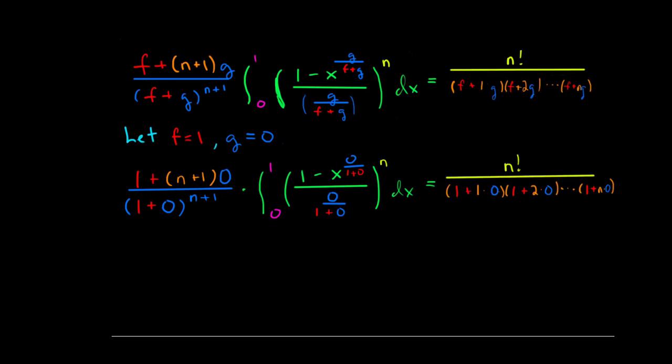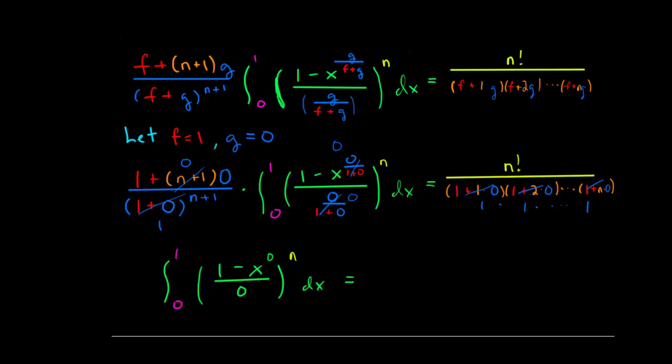So on the left-hand side of the equation, that leading term will just equal 1 when we do all the arithmetic there. The integral will become (1 minus x) to the 0 over 0 to the n dx. And of course, on the right-hand side, we just have n factorial. So this will then equal the integral from 1 to 0 of ((1 minus x) to the 0 over 0), all to the n dx.